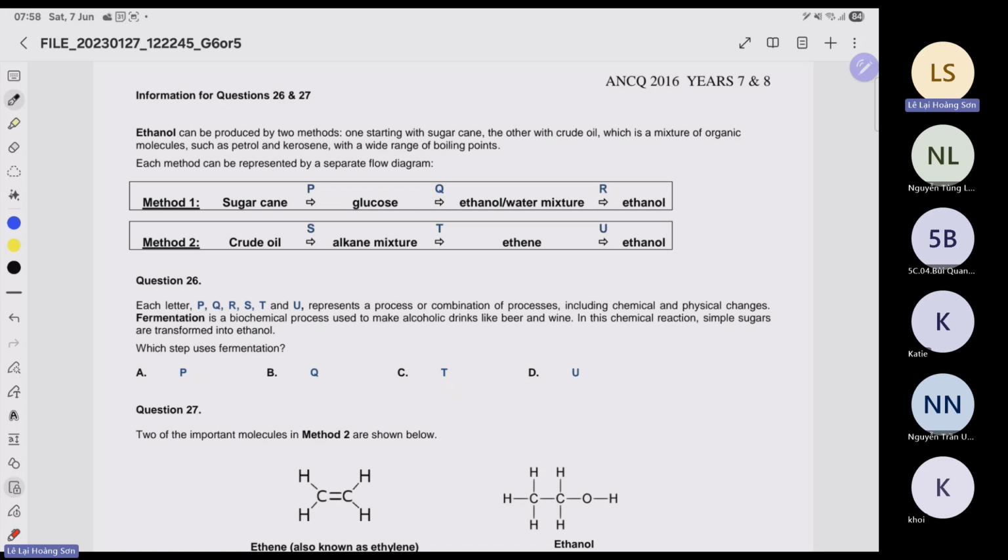What step uses fermentation? Fermentation is a chemical process, so it means you have to have a chemical reaction. It will change something according to a chemical reaction. All right, so it's going to be Q.